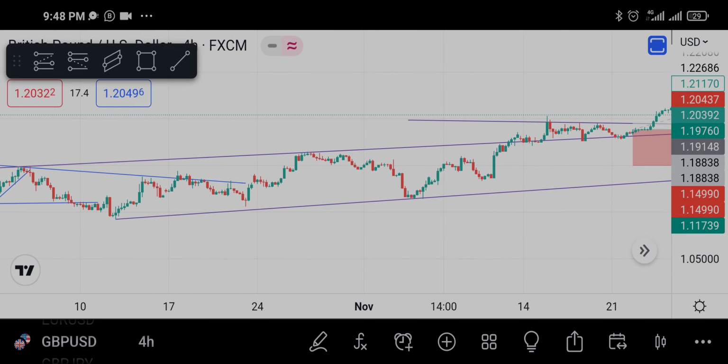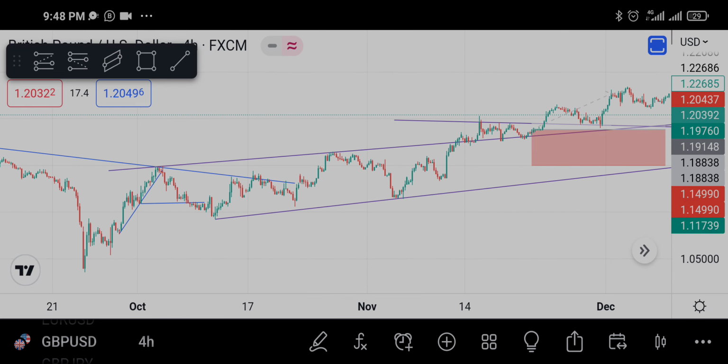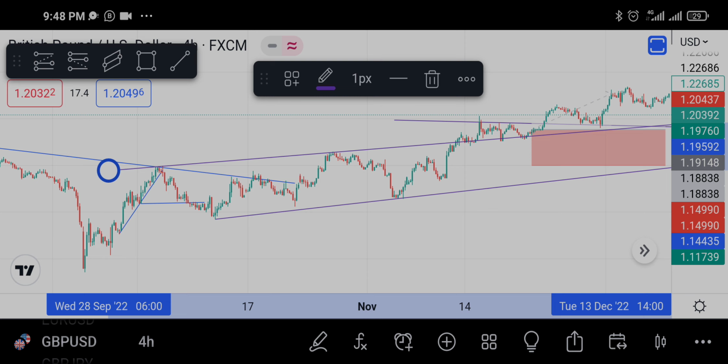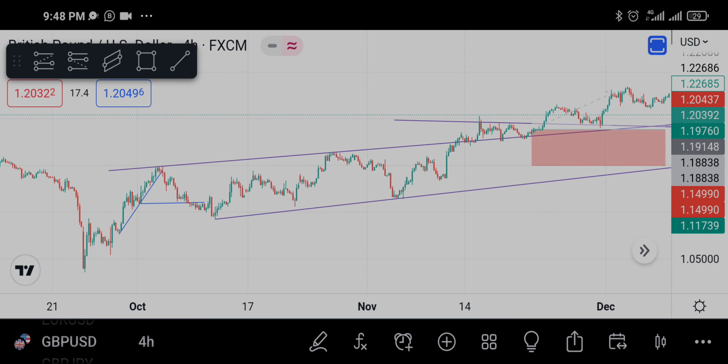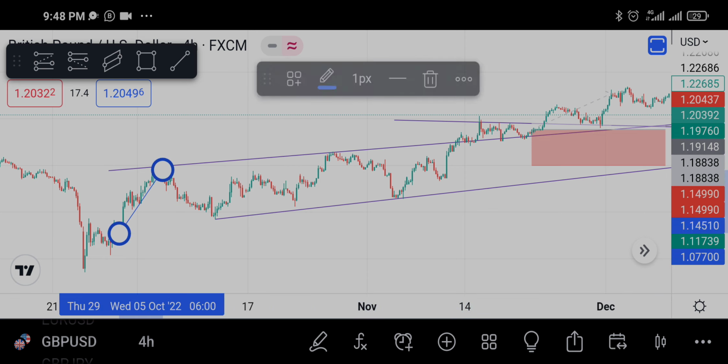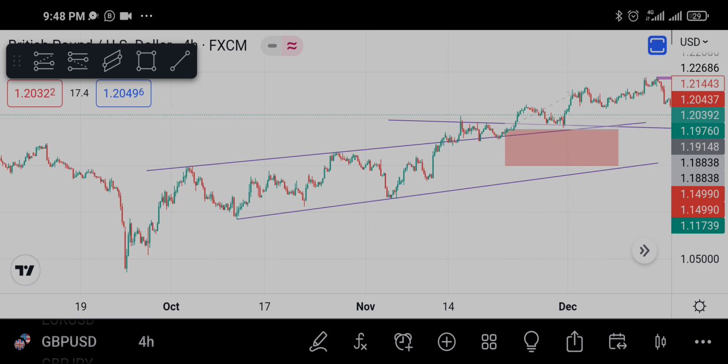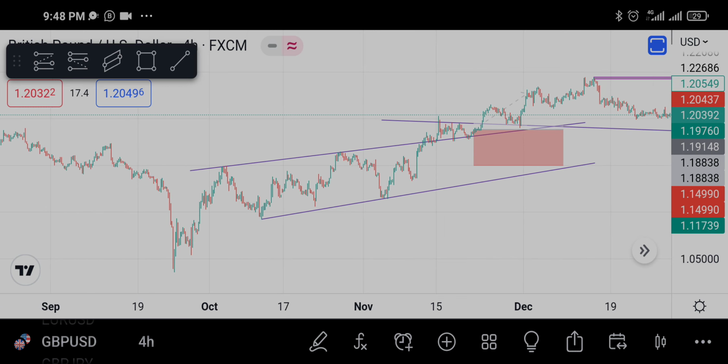So now looking at this point, let me delete all this. I don't want to confuse you. I'll put it back. I need all those lines back in place. So looking at this point now, remember what I told you.